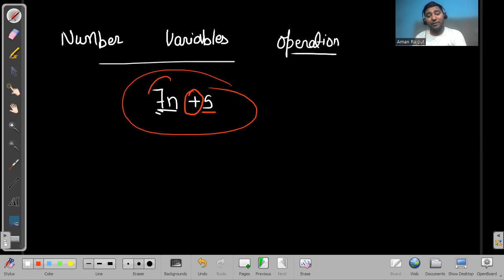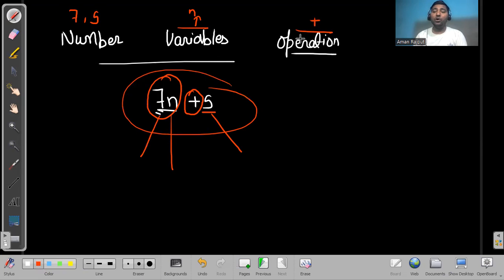So in numbers we have 7 and 5, in variables, which are known as letters, we have n, and there is an operation, which is addition. All these things are known as terms.